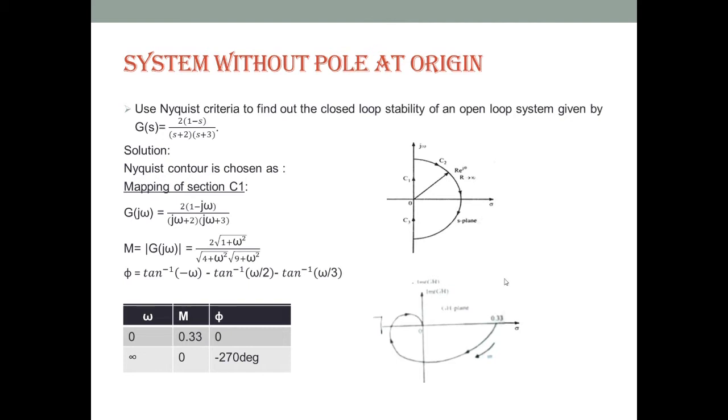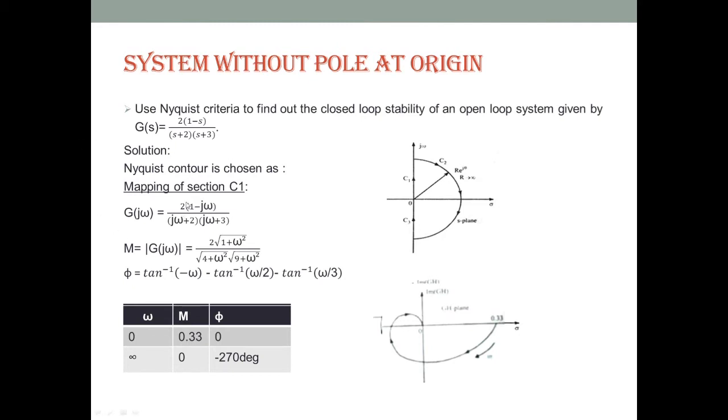Now the real part will be 0 for any point that is located on this axis. So we will put s equal to j omega, and when we put s equal to j omega, the mapping of this section into the G(s) plane becomes the polar plot of G(s).